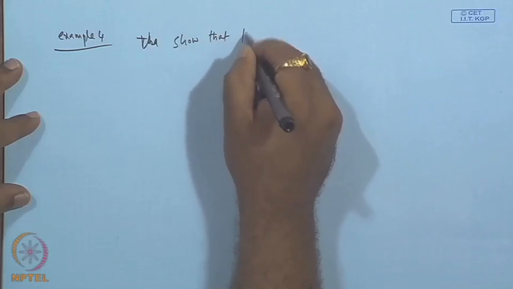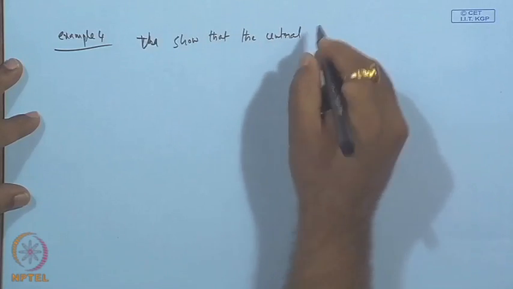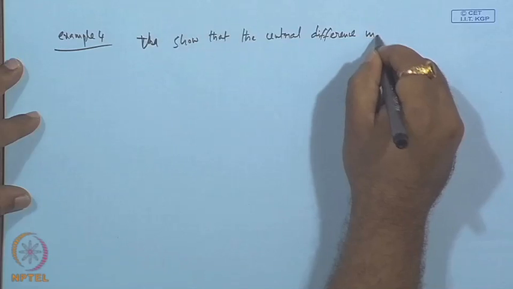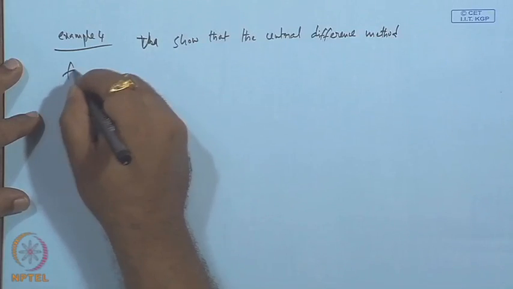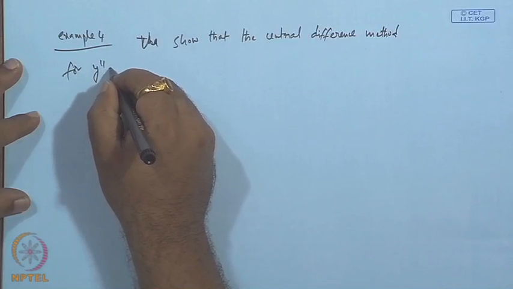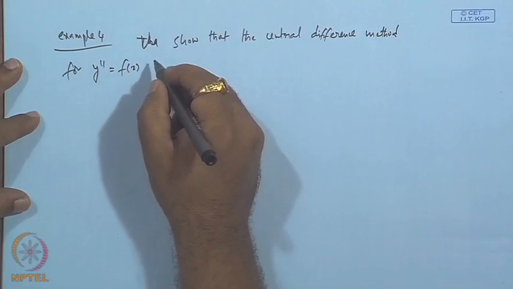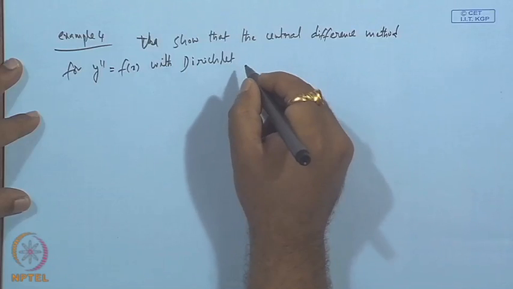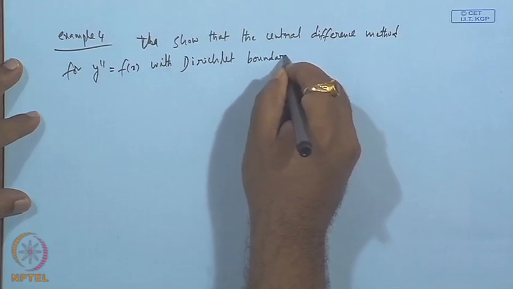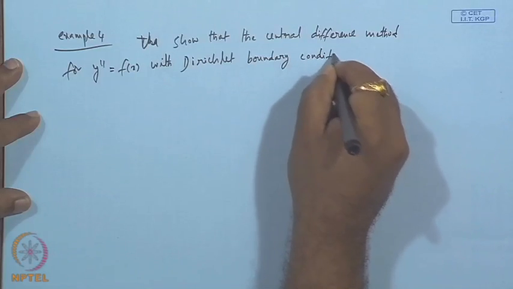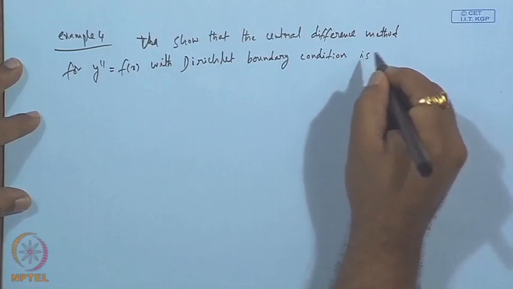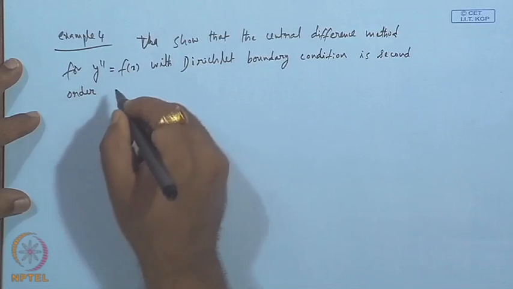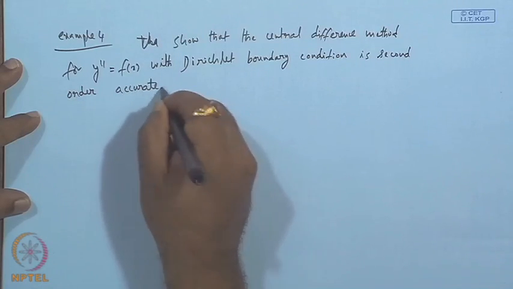Show that the central difference method for y double prime equals f of x with Dirichlet boundary condition is second order accurate.